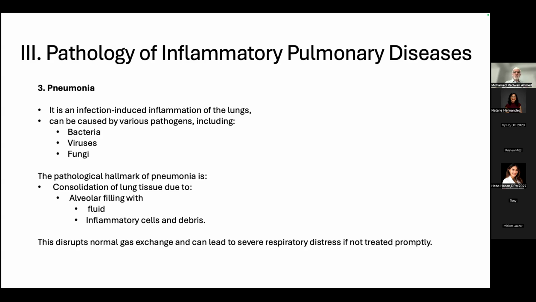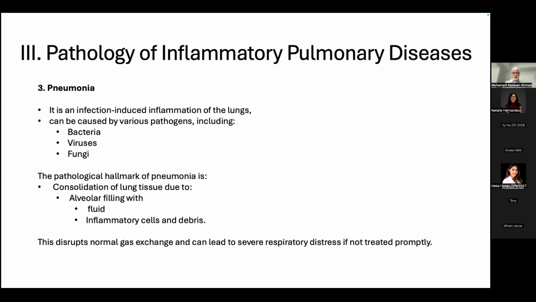We call it sometimes community acquired versus hospital acquired pneumonia versus pneumonia in immunosuppressive diseases, and so on. So pneumonia is a vast spectrum of infection of the lung, and it has different pathological and etiological factors.